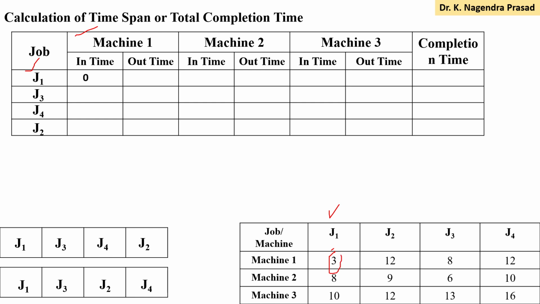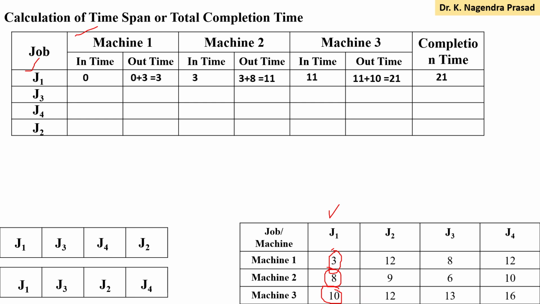Here processing time is 3, so 0 plus 3 is equal to 3. After 3 hours, job J1 has to be moved to machine 2. In time on machine 2 is 3 and out time is 3 plus processing time 8, that is 11. Then after 11 hours, job J1 has to be moved to machine 3. In time is 11 and out time is 11 plus 10, which is equal to 21, and total completion time is 21.